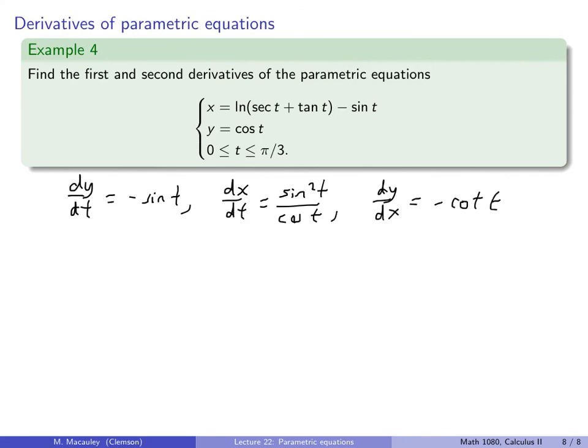So we got those. And then finally, recall that the second derivative, d squared y over dx squared, was dy prime over dt over dx over dt. Remember, y prime was dy dx.